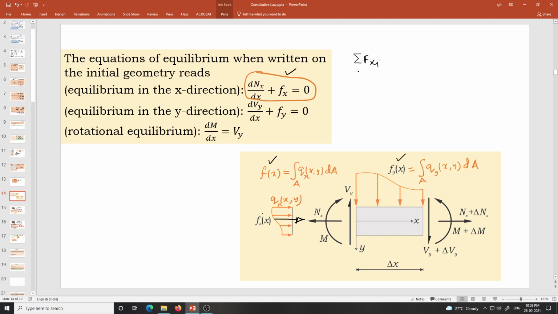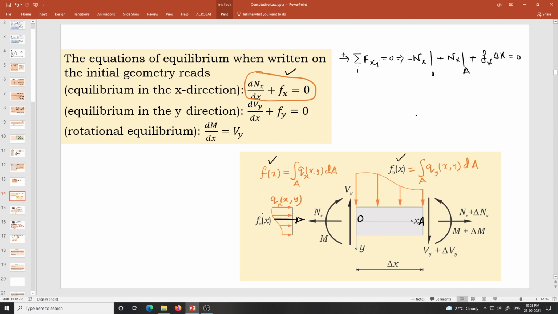The sum of forces in x equals 0, which means minus nx at O, where OA is delta x, plus nx at A, plus fx delta x equals 0.